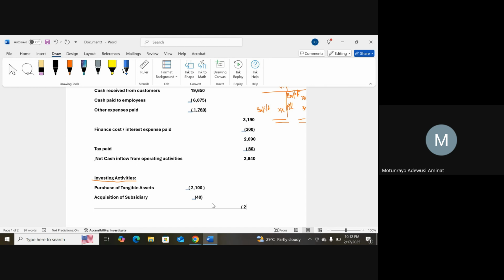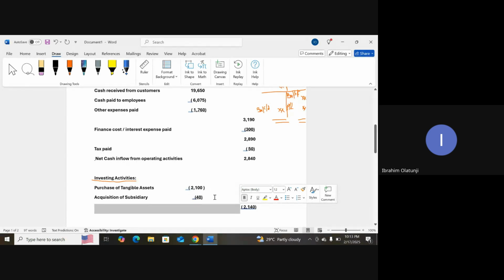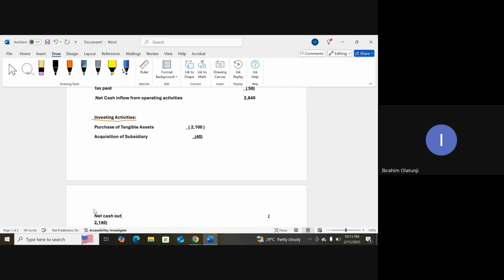2140. So this 2140, you put in brackets because the two are in brackets already. So this 2140 will now be your net cash outflow, because it's a negative result.